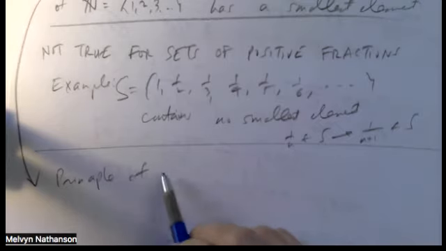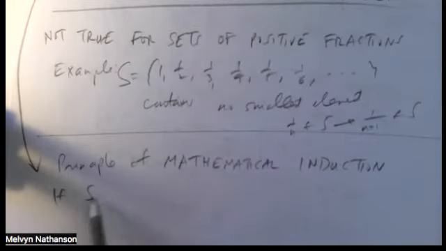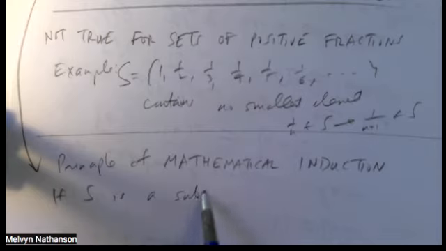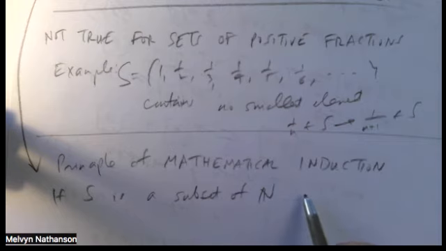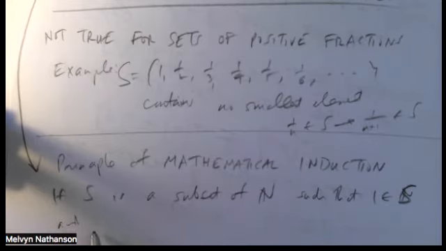And a corollary of the minimum principle is what is called the principle of mathematical induction, which says that if S is a subset of the integers with the following two properties, first of all, 1 belongs to S, and second, whenever n is in S, then n plus 1 is in S. So S is a subset of the integers.